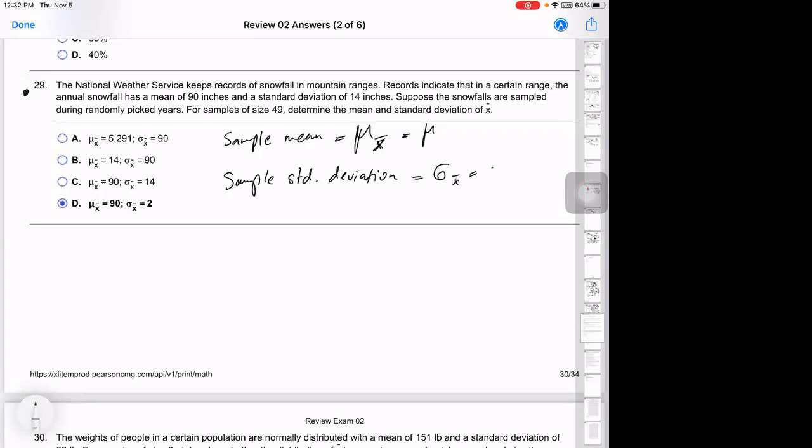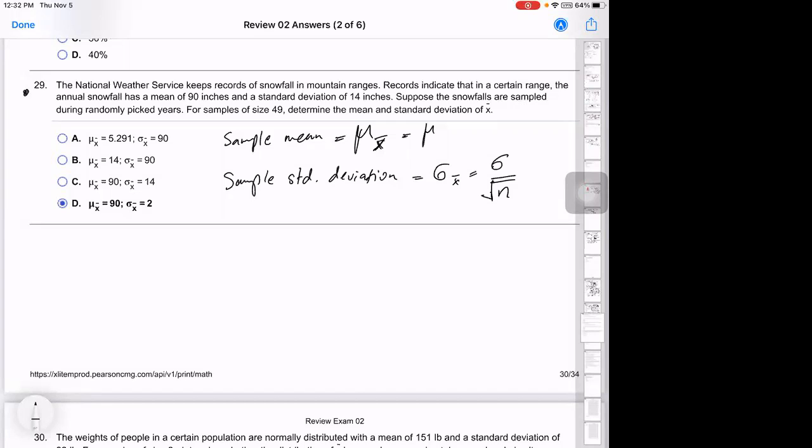This equals sigma, which is the population standard deviation, divided by the square root of the sample size. So whenever they have mentioned population mean and population standard deviation, easily you can find the sample mean and sample standard deviation. Especially sample mean, it is exactly the same as the population mean.